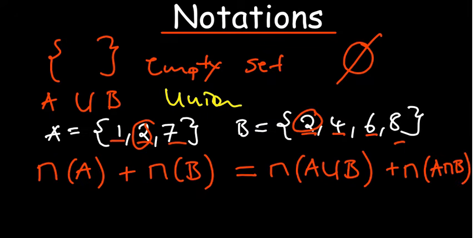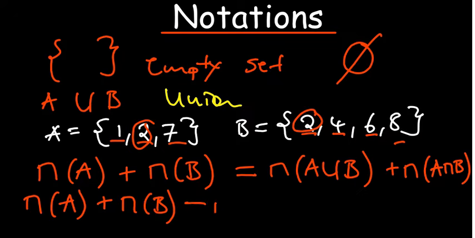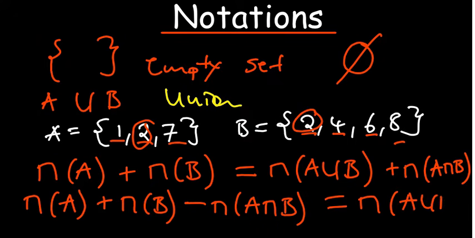So this can go to the other side so that it becomes minus, where you would say the number of elements in A plus the number of elements in B minus the number of the intersection elements should be equal to the number of elements in the union of what? Of a set, which is basically true.